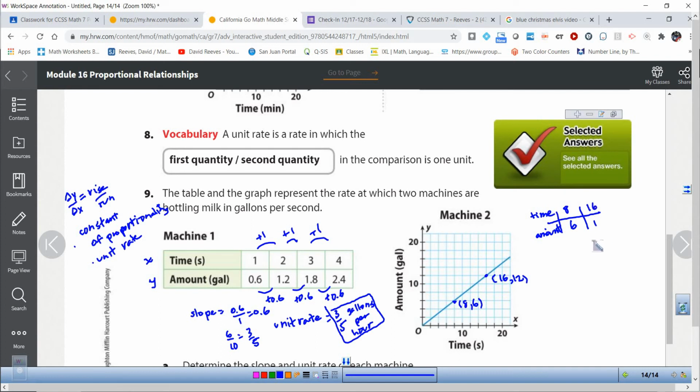And for amount, I have 12. So I could do the same thing here and do change in y is 6. Change in x is 8. And I could do 6 over 8. And I can simplify that to 3/4. So I could say the unit rate for this one is 3/4 of a gallon per hour.